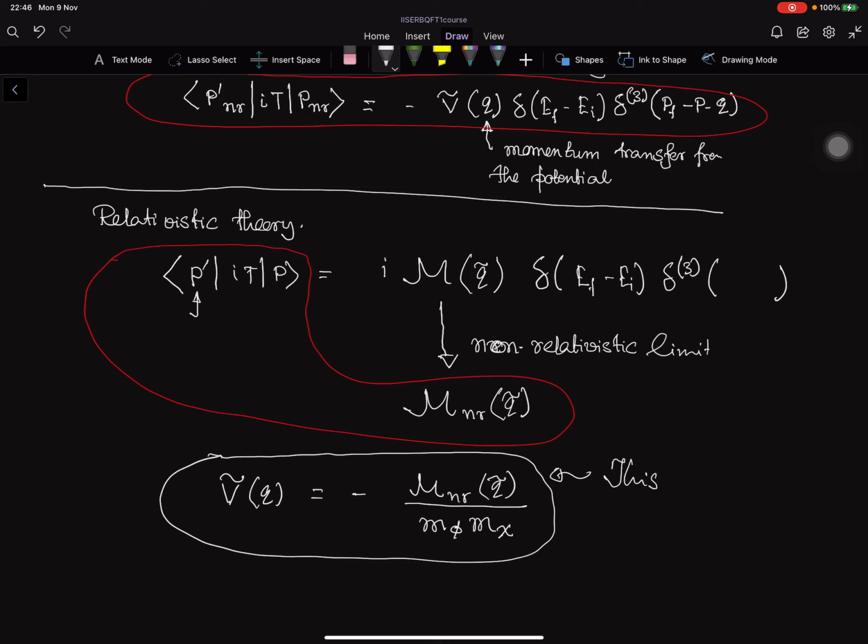This is an expression for the potential in terms of relativistic scattering.